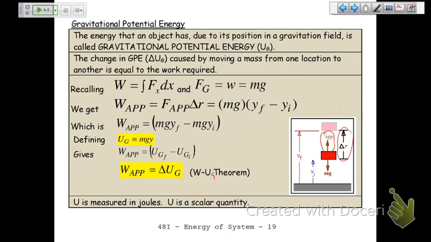So then you get to the stage where you say, maybe I can find the absolute bottom of the universe. This is where it gets a bit scary. You dig down to the middle of the earth, and I say, I'll measure zero from there. If I want to measure the change in potential energy going from the floor to the table, I take into account that difference in height.